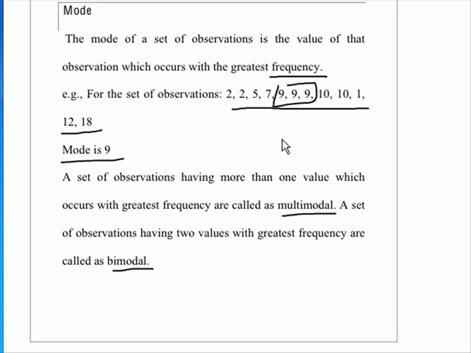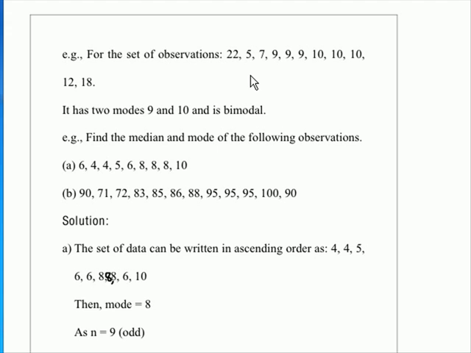In case you had, for example, 7 occurring 3 times as well, you would call it multimodal. So in this set of observations here, you have two numbers, 9 and 10, appearing with the same frequency, and hence this observation is bimodal.